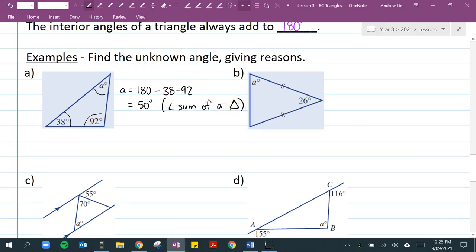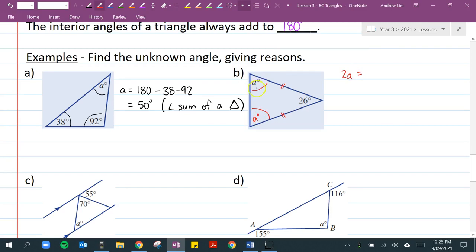Happy for you to use those symbols. Question B. Here we have an isosceles triangle, indicated by these markings here, which means that this angle here has to equal the same as this one down there. So we've got two A's.